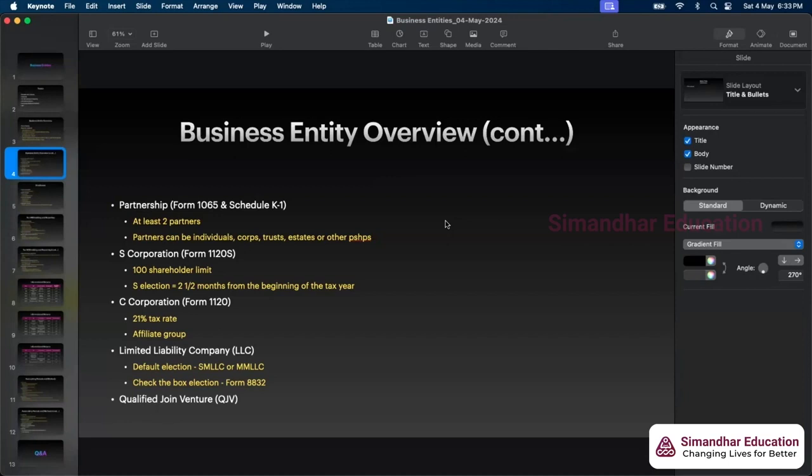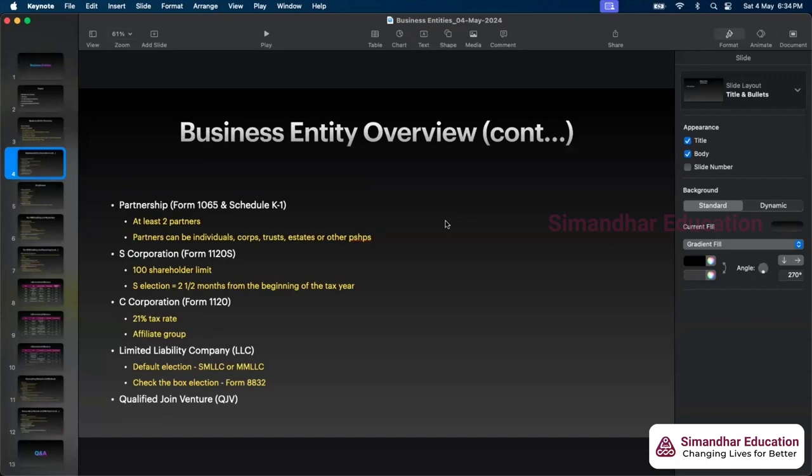But in the case of an S corp, it is limited liability protection, just like a C corp. The shareholders are not personally responsible for any losses incurred. Only the amount that is initially raised or contributed during the year is subject to any event that might happen. So that is one thing.